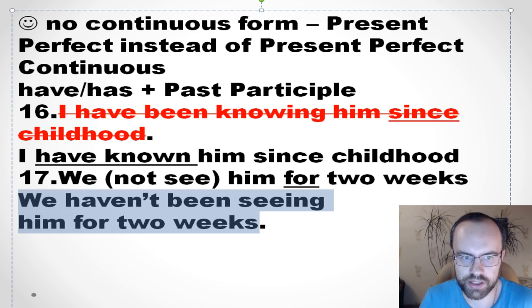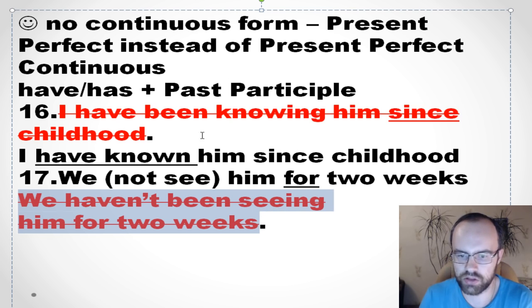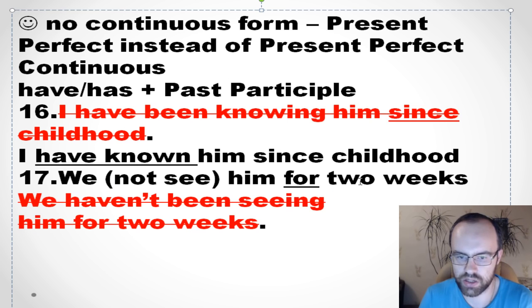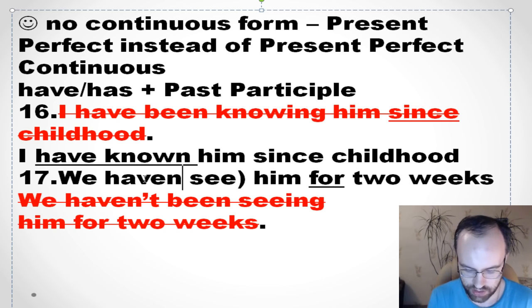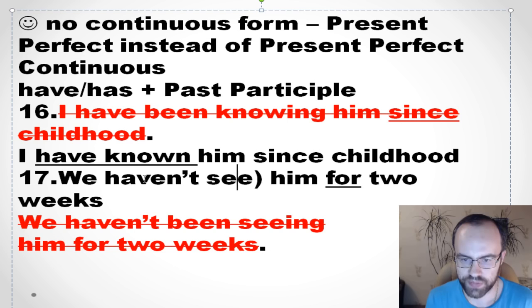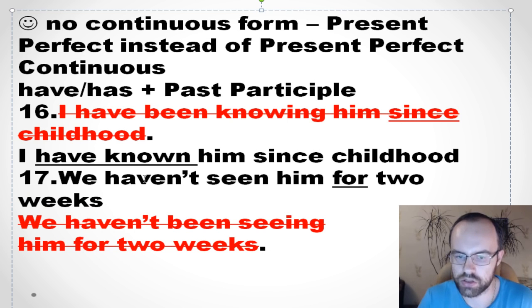It's a mistake. Normally we don't use see in continuous, and you need to use present perfect. So let's say it with present perfect: we haven't seen him for 2 weeks.